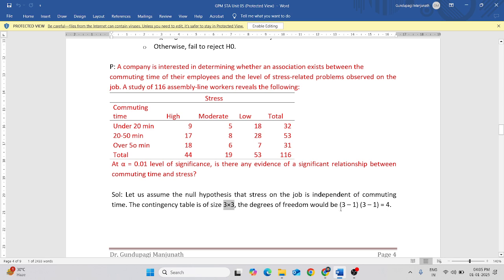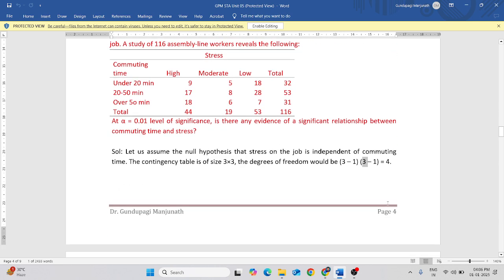And the degree of freedom would be column minus 1 times row minus 1. Column is 3 and row is 3, so 3 minus 1 is 2 and 3 minus 1 is 2. 2 into 2 is 4.